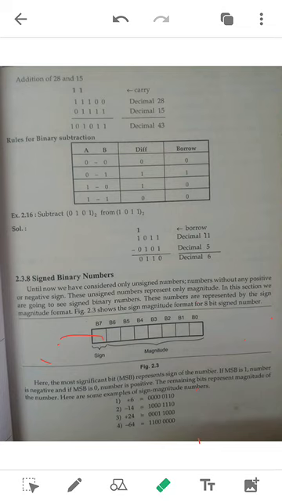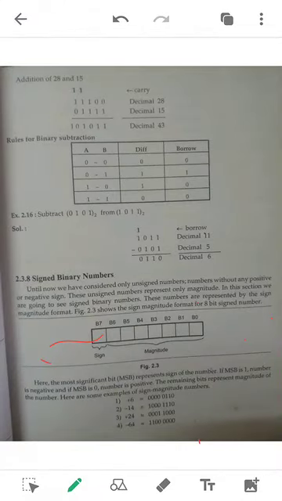Also you can observe for minus 64, the MSB is 1. And for positive numbers, plus 6, you can observe the MSB is 0, and for plus 24, the MSB is 0. So the MSB is 0 means it is a positive number. If MSB is 1 it means it is a negative number. So this is called a signed number, how to represent the positive numbers and negative numbers.